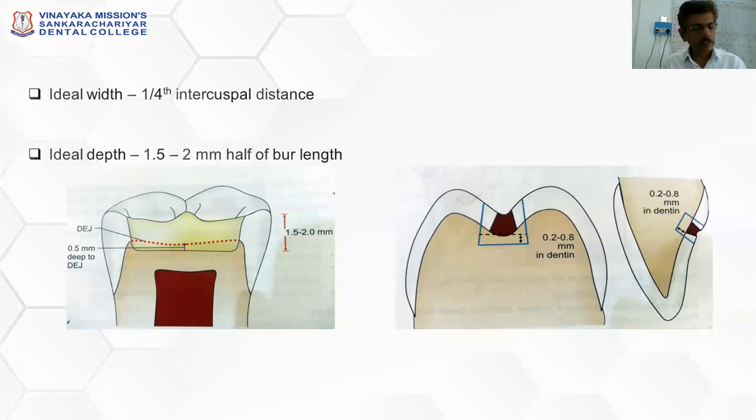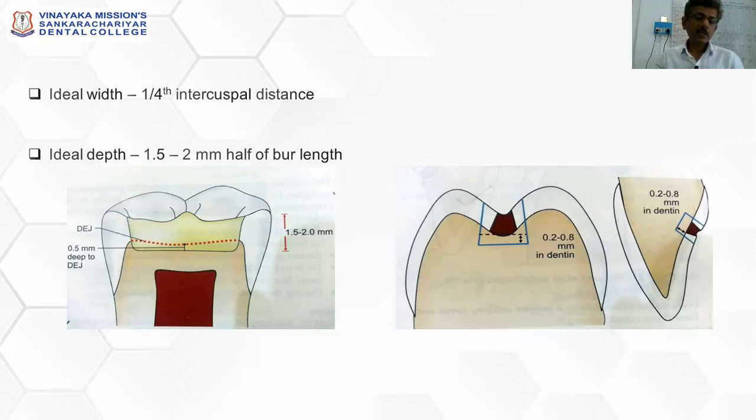The next question is why you don't keep this depth at the dentin enamel junction. Well, obviously from your histological aspects, the dentin enamel junction is the termination of the cytoplasmic extensions of odontoblasts, and there is a dichotomy of the dentinal tubules.